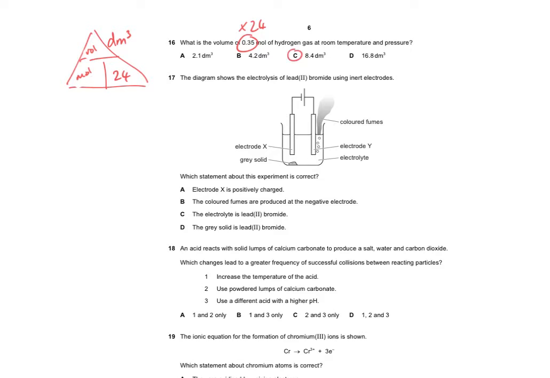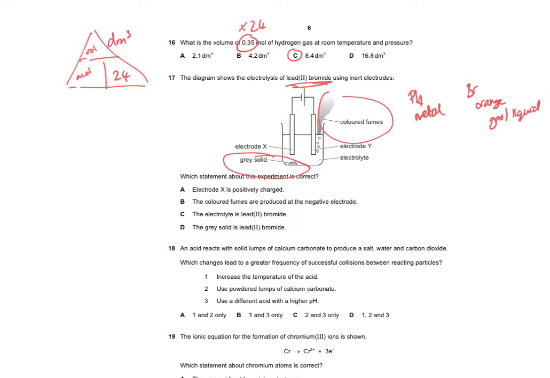The diagram shows the electrolysis of lead bromide using an inert electrode. So we've got coloured fumes and we've got a grey solid. Well, we're splitting up the lead and bromine. There's no water present, so we only have lead, which is a metal, and bromine, which is an orange gas or liquid, depending on what's happening.